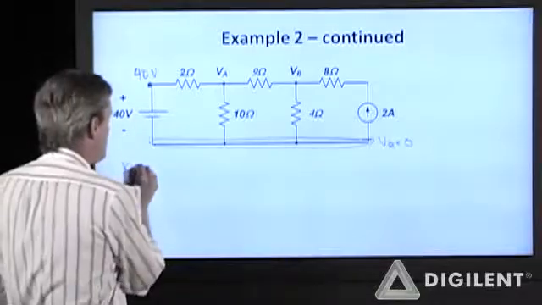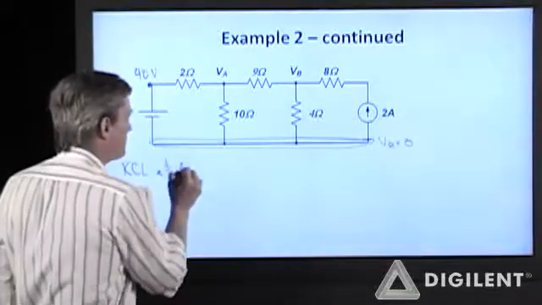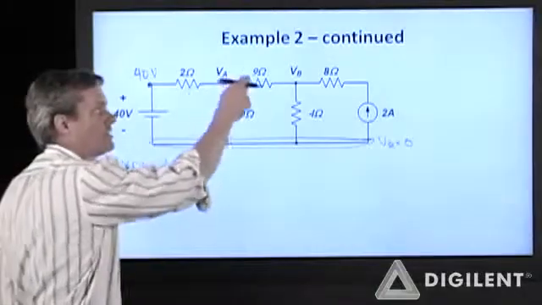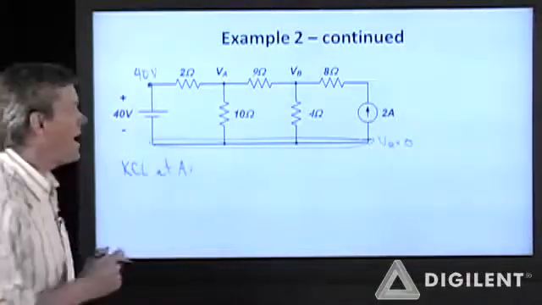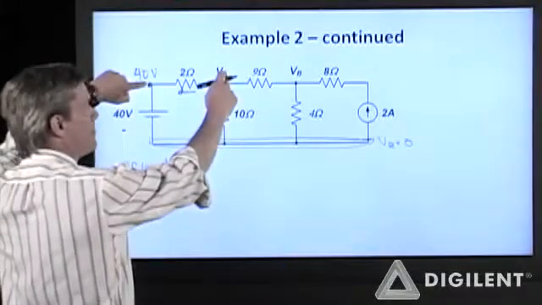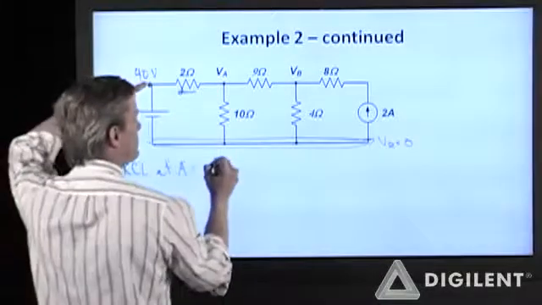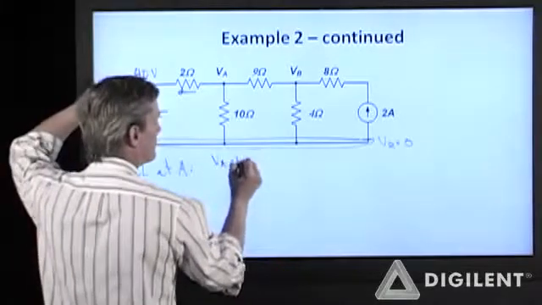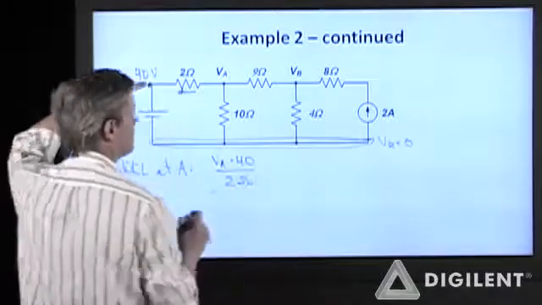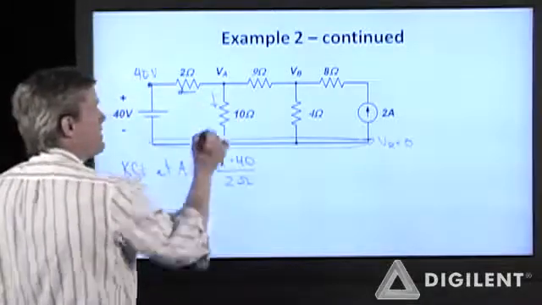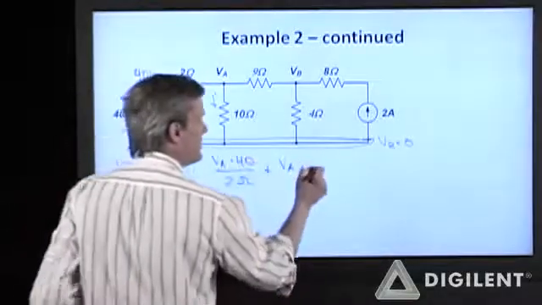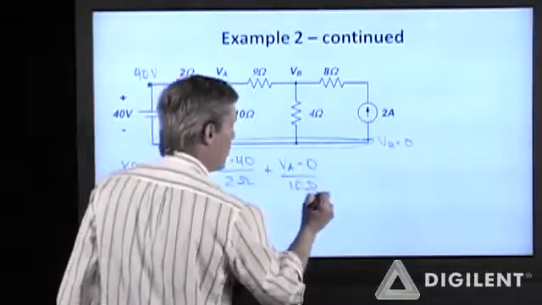Now, if I do KCL at A, and if I assume that all the currents here are leaving node A, the current through the 2 ohm resistor is V sub A minus 40 over 2 ohms. The current through this 10 ohm resistor is V sub A minus 0 over 10 ohms.